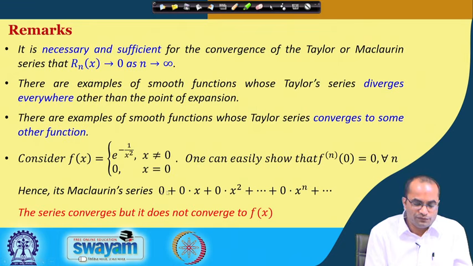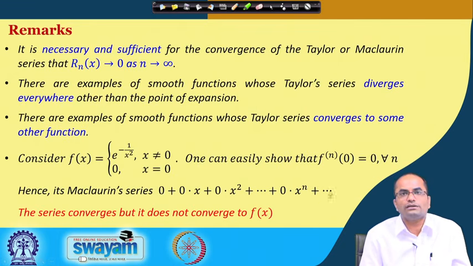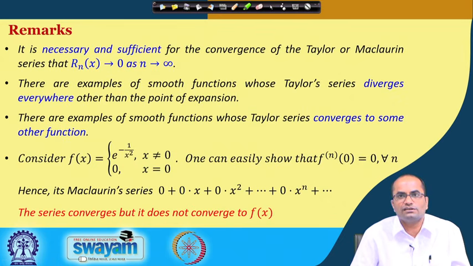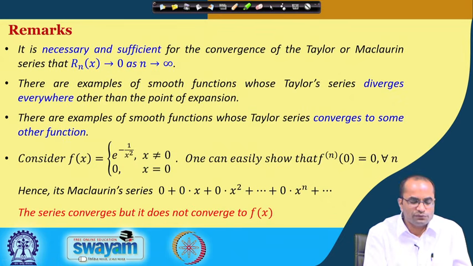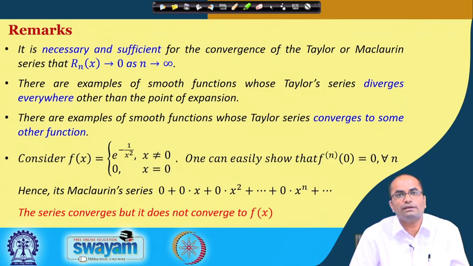Whatever x we keep, the Maclaurin series is giving 0. That means the series converges, whatever x, the series is just 0, but it does not converge to the function. The function was, for x not equal to 0, e^(-1/x^2). So it is a very simple example where we can see that these Maclaurin or Taylor series do not converge to the function.